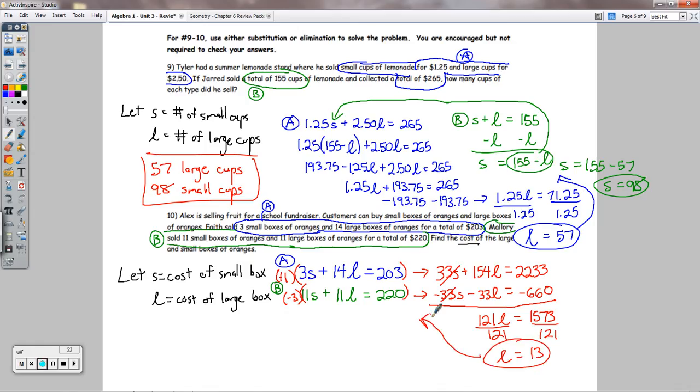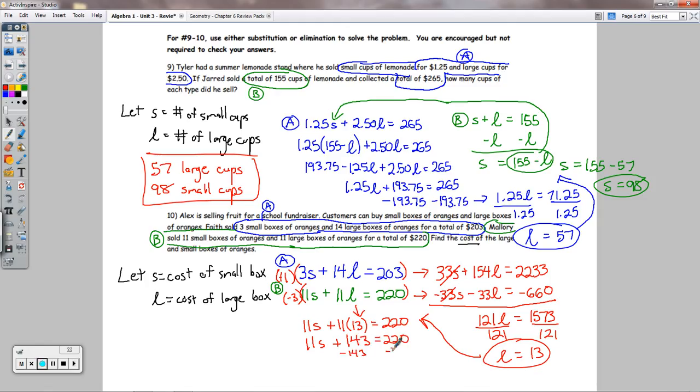And then you can take your pick of what you want to plug in 13 for, the first or second equation. I'll go with the second one. I have 11s plus 11 times 13 equals 220. 11 times 13, that's 143.